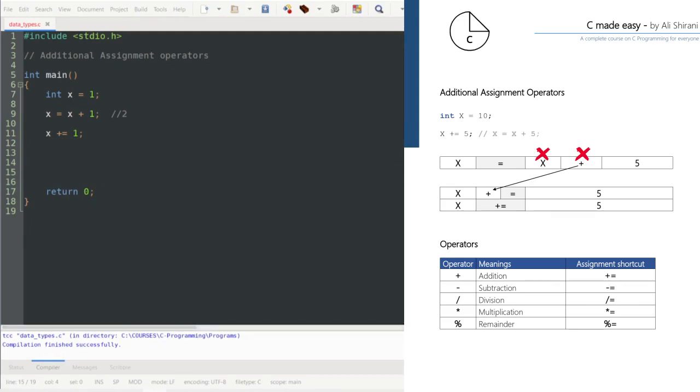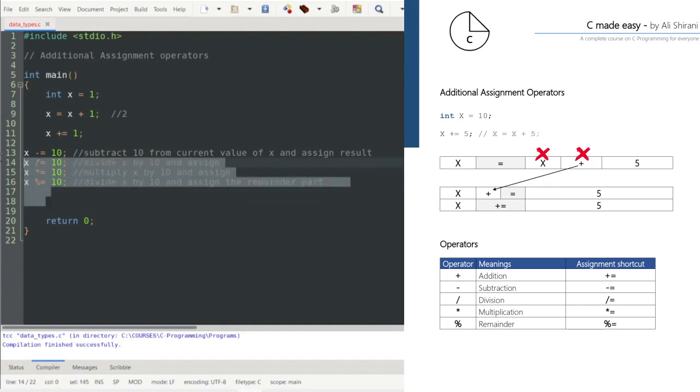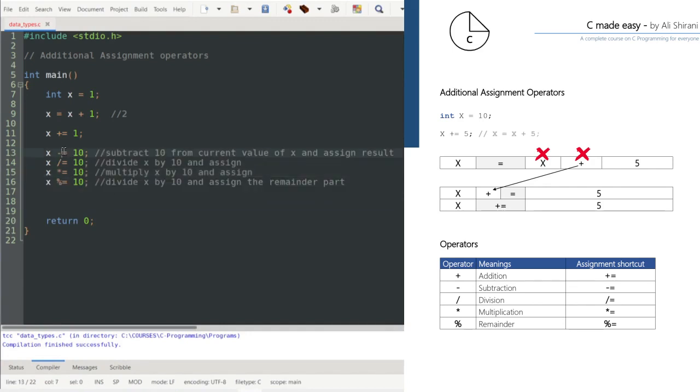And for you, you can see in the notes here on the right side, the same way we can use other mathematical operators for assignment. So this actually is equal to X is equal to X minus 10.